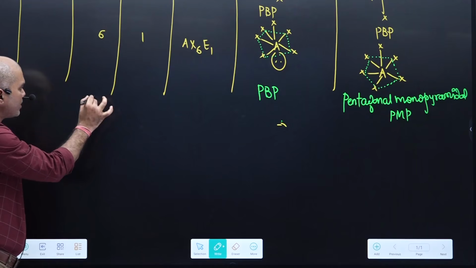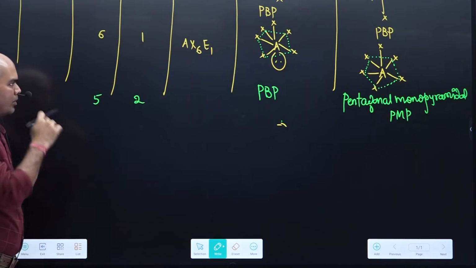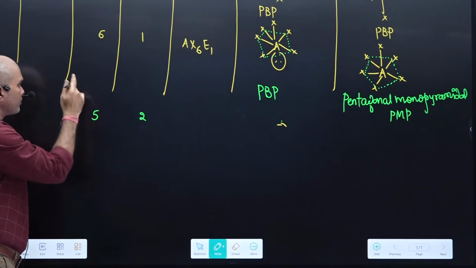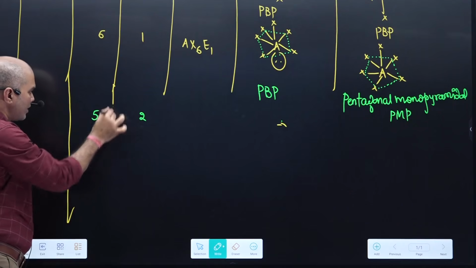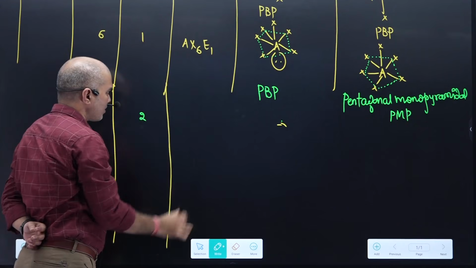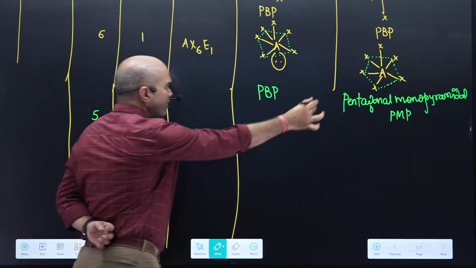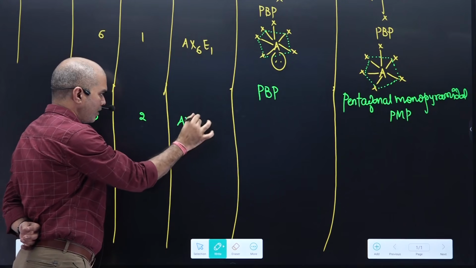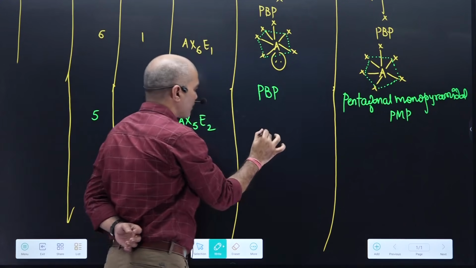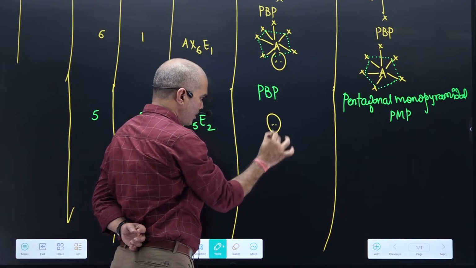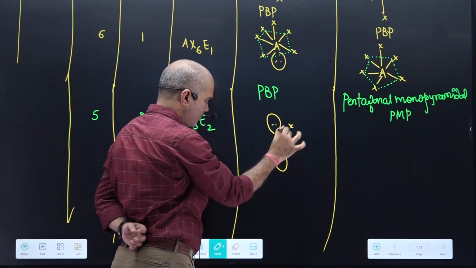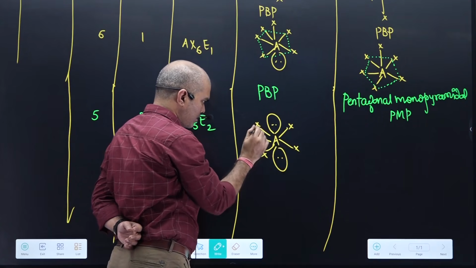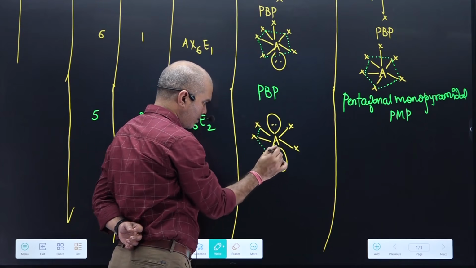And one last combination, I will take 5-2. You can check that the hybridization is not changing for any of these combinations. AX5E2, one lone pair above, one lone pair below. This is pentagonal planar.